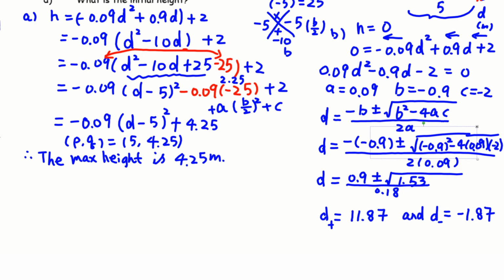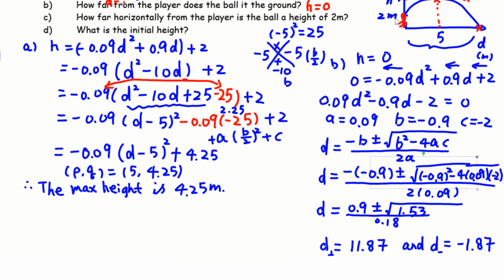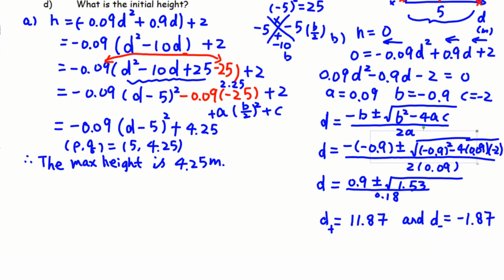Negative 1.87 is on the other side of the player, and the player is kicking this way, so we are going to ignore this x-intercept.